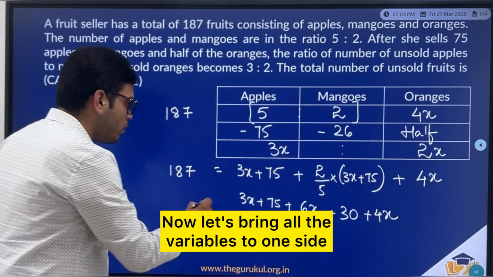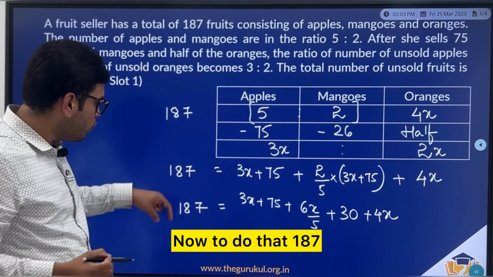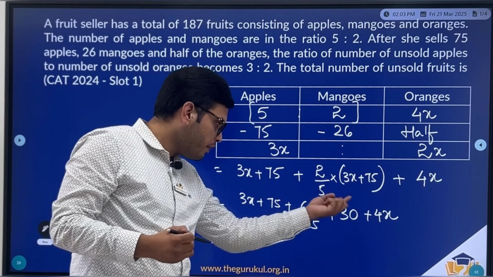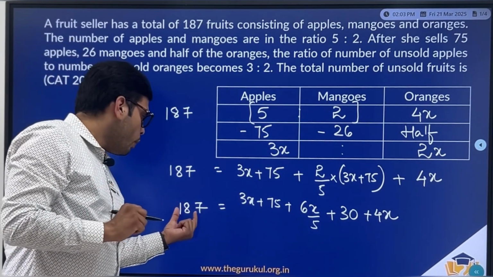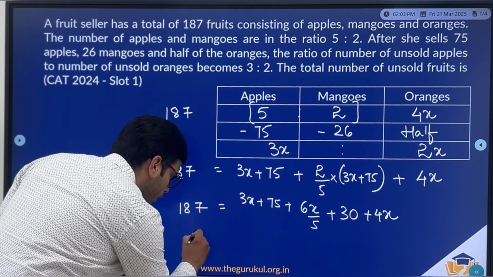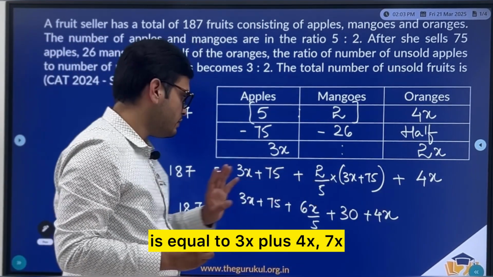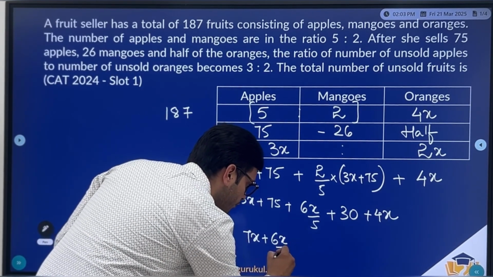Now let's bring all the variables to one side and the constants to the other side. Now to do that, we have 75 plus 30, which is 105. Shifting that to the LHS, that becomes minus 105. 187 minus 105, 82 is equal to 3x plus 4x, 7x, plus 6x by 5.